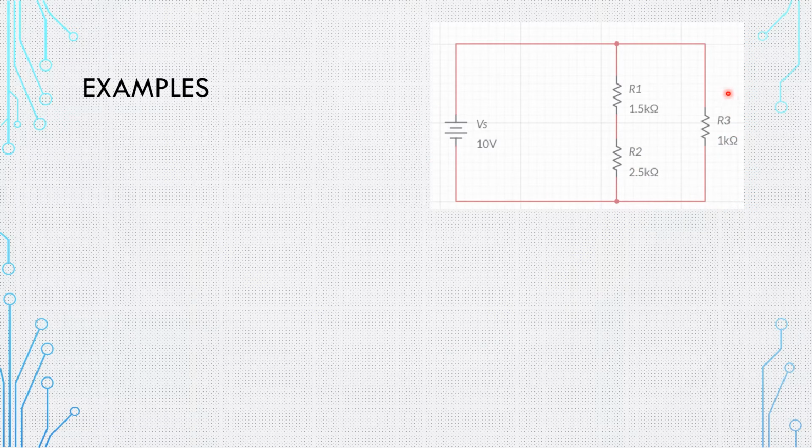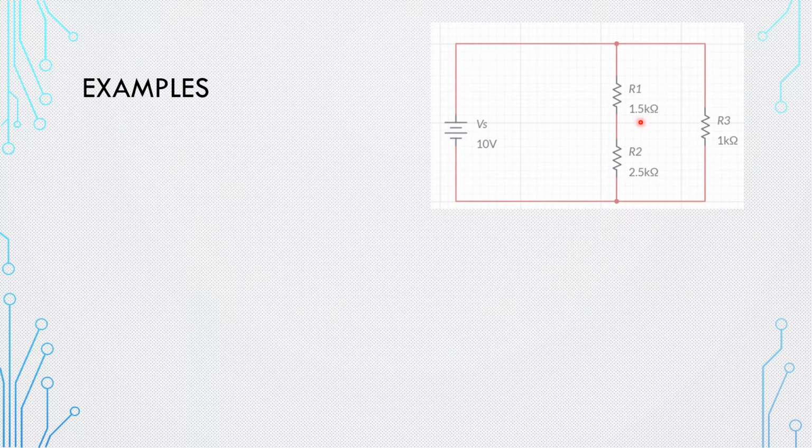But okay, what about R3? If you look at the terminals, the first one is connected to the voltage source, and the second end of this resistor is connected to the negative. So in this case, this resistor is connected in parallel with the voltage source, so it has the same voltage as the voltage source. Okay, what about R1 and R2?